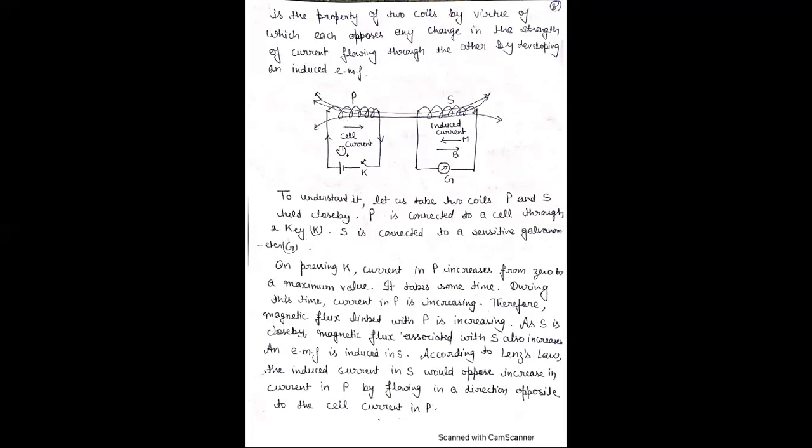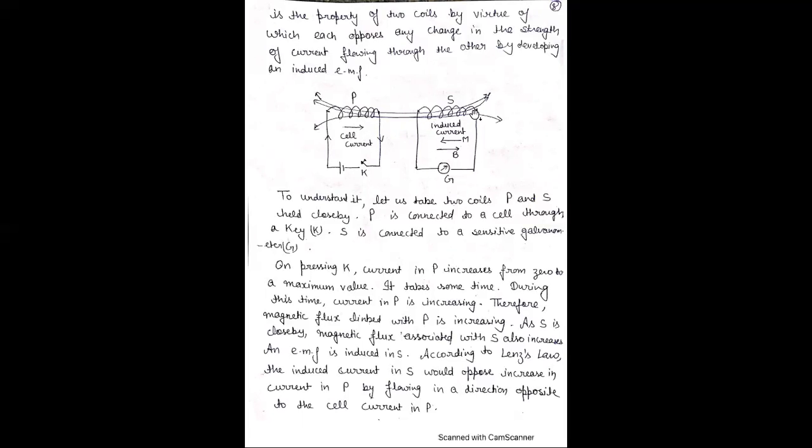Means एक में से जब करंट फ्लो हो रहा है, अगर वो करंट इंक्रीज कर रहा है तो उसके अपोज के लिए सेकंड में इंड्यूस्ड होगी EMF, मींस उसको अपोज करेगी in the opposite direction. If current is decreasing in the first coil, then in the second coil there is an induced EMF that opposes the decrease in current in the first coil.